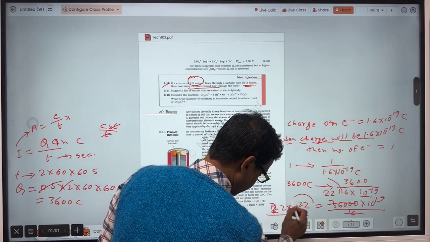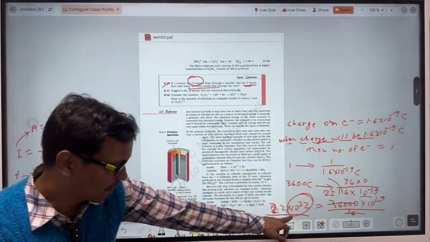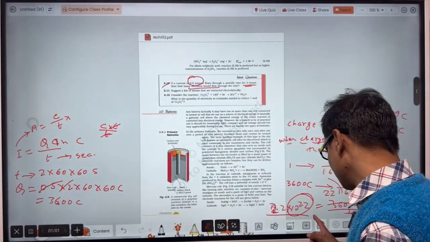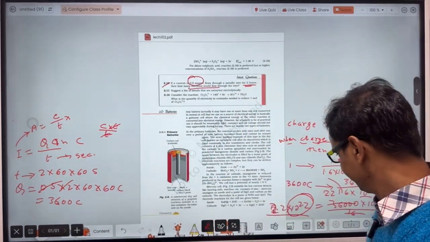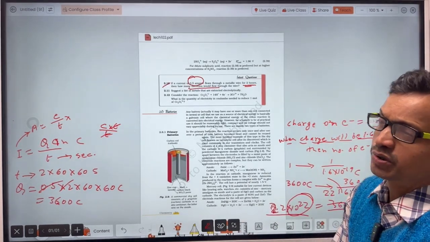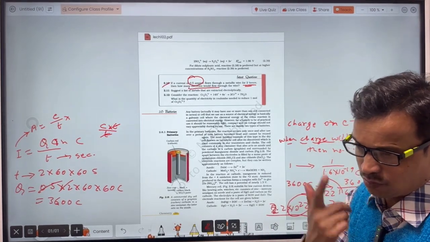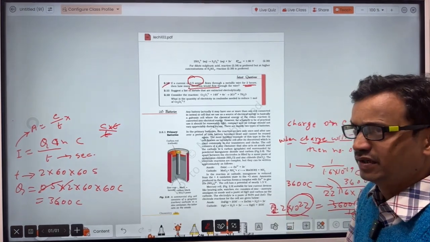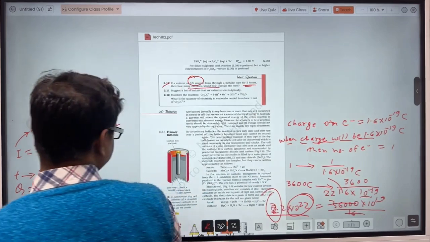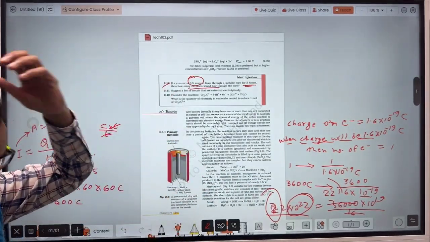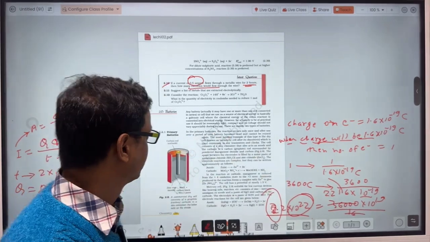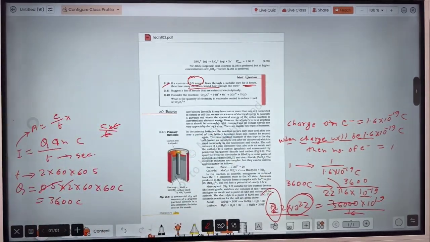Whatever option is nearest, go for it, but watch out for the power. The power is 10 to the 22, so in whichever option there is 10 raised to the power 22, click on that option. If more than one option has 10 to the power 22, then click on the one whose value is near 2.2. And for the board examination, you will have to solve it the way I have solved it.